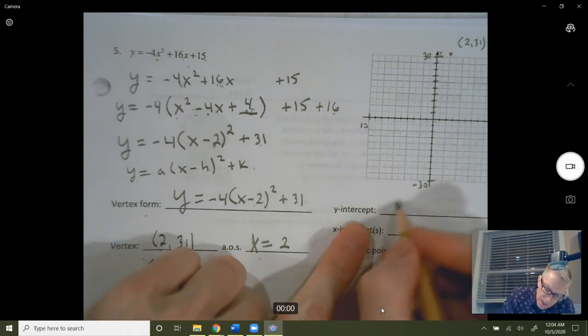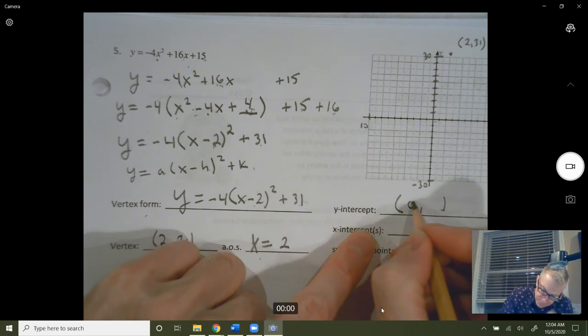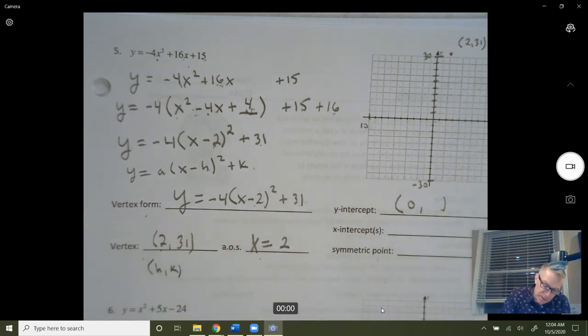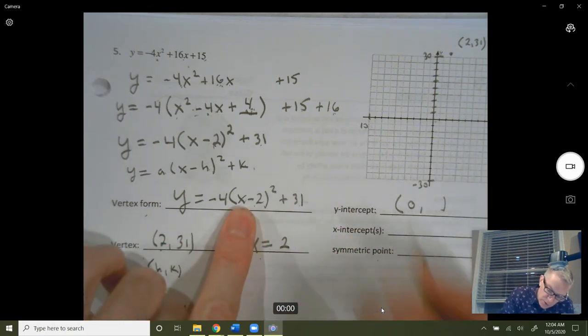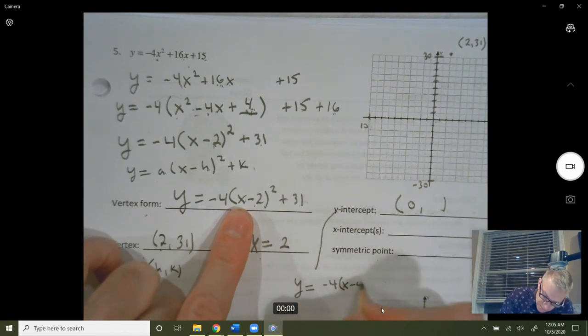Okay, let's find our y-intercept. Our y-intercept is our y value when x is 0. So we're going to plug in 0 for x. So we're going to get y equals -4 times x minus 2 squared plus 31.